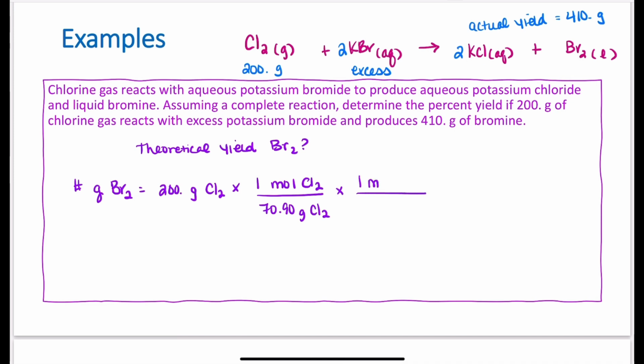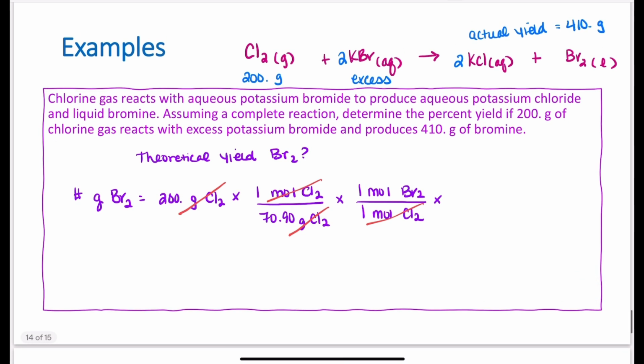Looking at my balanced reaction, I see that 1 mole of Br2 is produced for every 1 mole of Cl2 consumed. And if you ever get stuck where you're at, start making sure your units are canceling. Your grams of chlorine have canceled, your moles of chlorine have canceled. You're now into moles of bromine, so now you can go ahead and use the molar mass of bromine. 1 bromine atom is 79.9 grams per mole per the periodic table, so 2 of them would be 159.8.